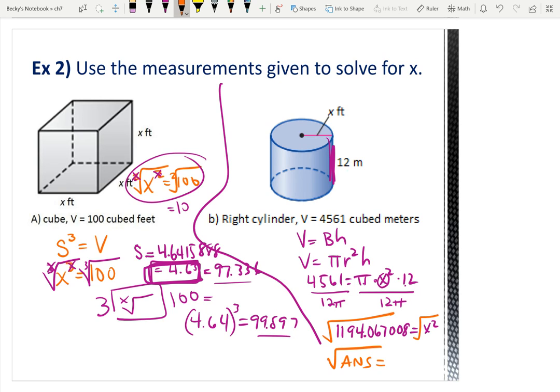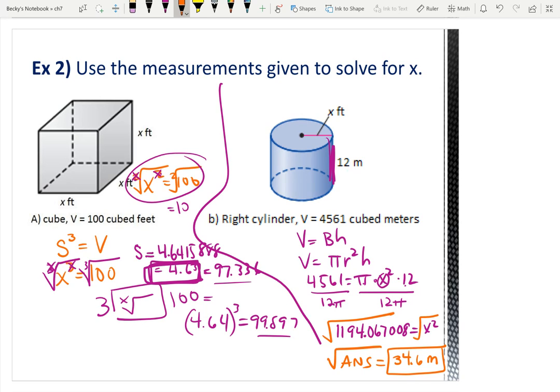So you don't have to type it all back in, which is really nice. And so when I do that, I get 34.555. So let's round it off to the tenth, so 34.6. And the unit is, let's see, what are we finding? We're finding x, so that is the radius. So that's just meters.